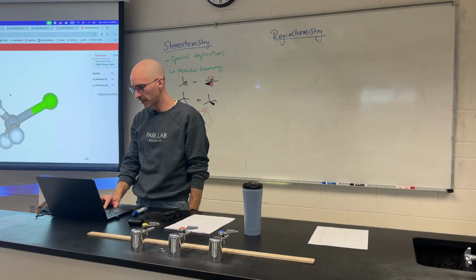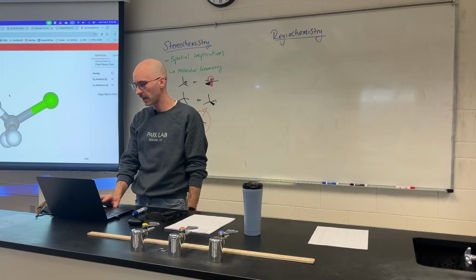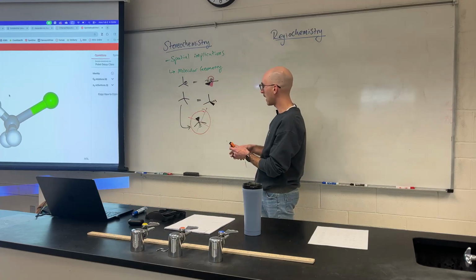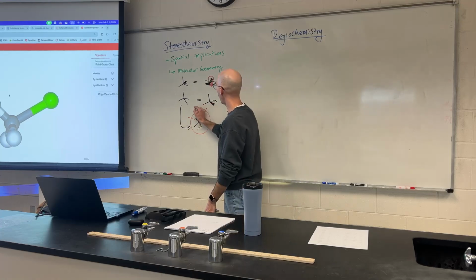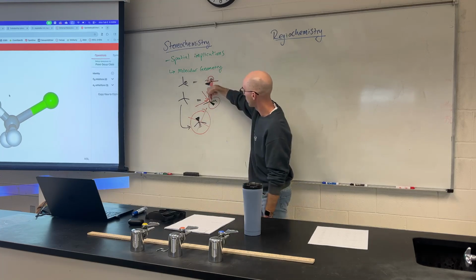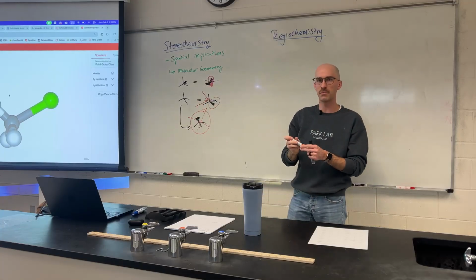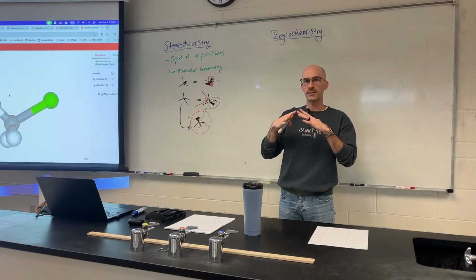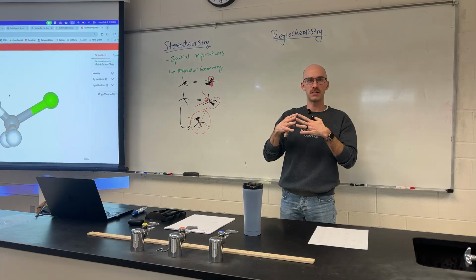I'll twist it down to the bottom, but we see the same thing. Whenever you have a wedge and a dash, they will always come out of this vertex from the two lines that are in plane. This is the appropriate way to represent the tetrahedral stereochemistry.